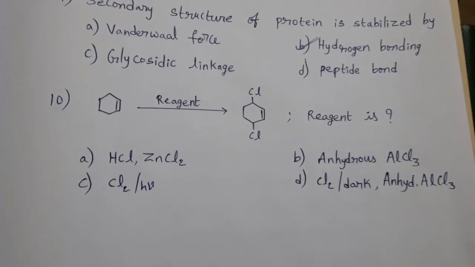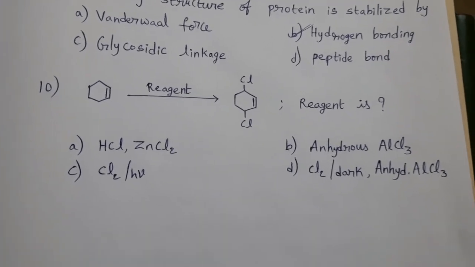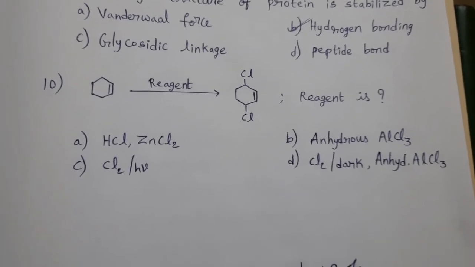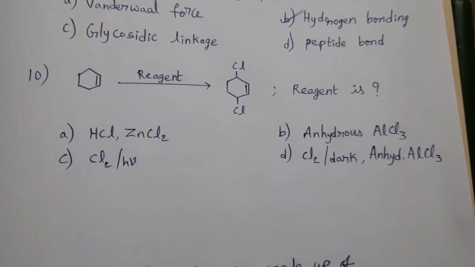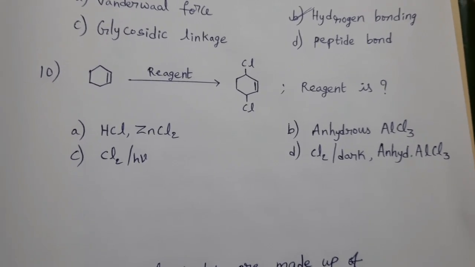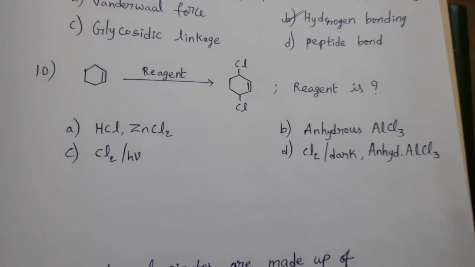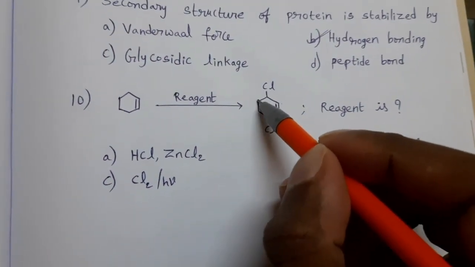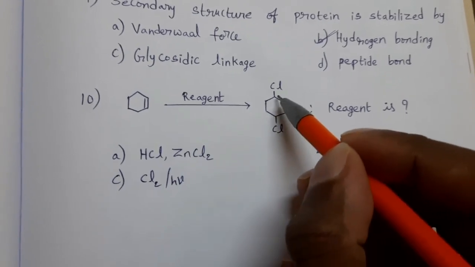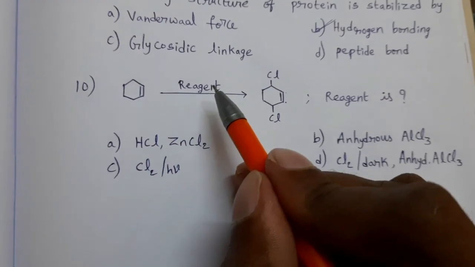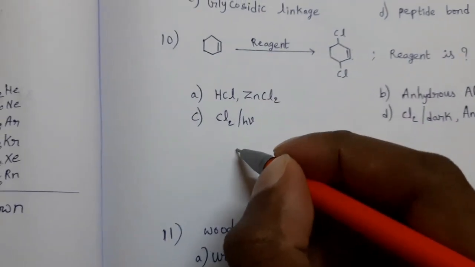cyclohexene is treated with a particular reagent. We can get 1,6 dichlorocyclohexene or 3,6 dichlorocyclohexene. We should find out the reagent. See this. Write the given reactant.